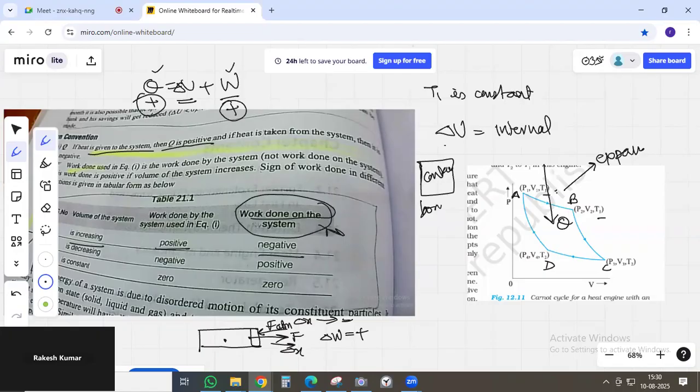It's called a bomb calorimeter. So the volume is kept constant. If volume is kept constant, the work can't be done. So we are raising the temperature, and we are applying heat. So we give heat by some method.